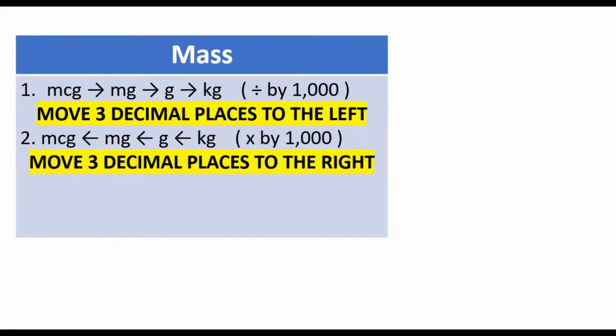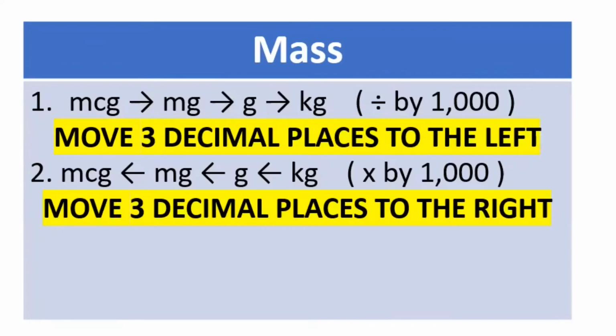And when converting from a higher unit of measurement to the next smaller unit, for example, kilogram to gram or gram to milligram or milligram to microgram, we need to multiply by 1,000 or simply move 3 decimal places to the right. Let us have some examples.